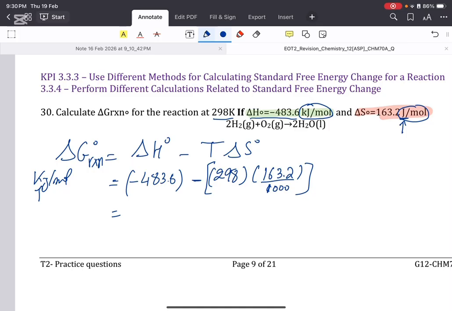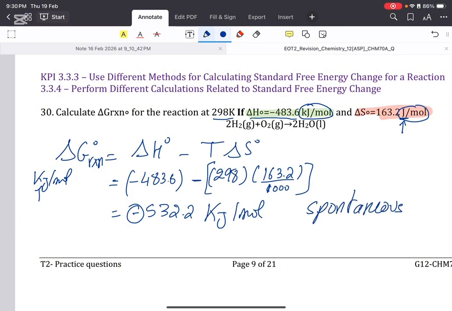And the final answer is going to be negative 532.2 kilojoule per mole. Now the value of this delta G is negative. Therefore, this reaction is thermodynamically favored. It is spontaneous.